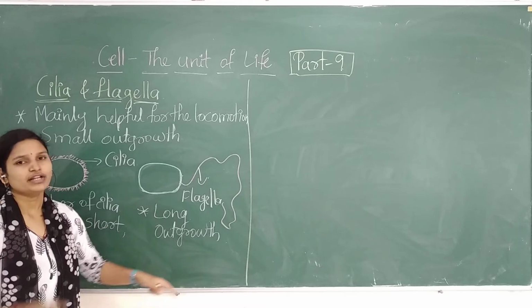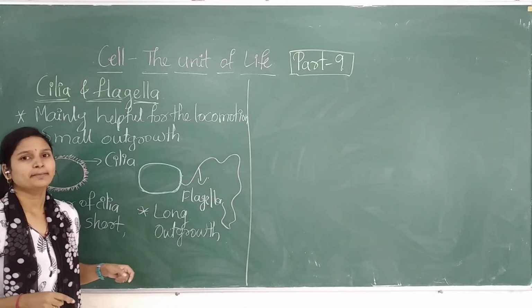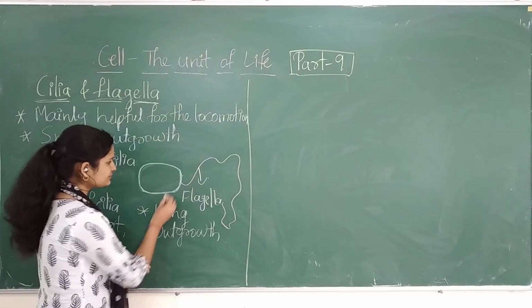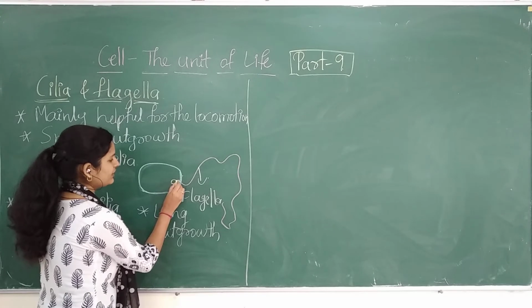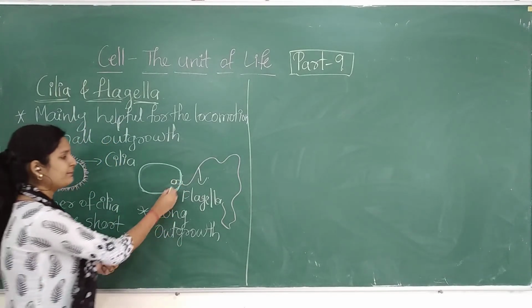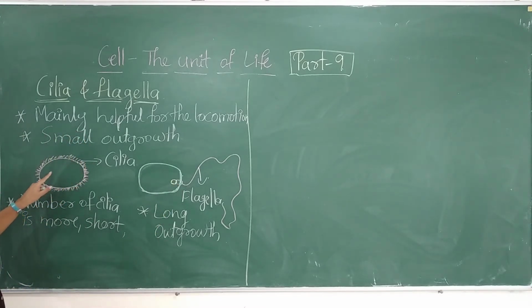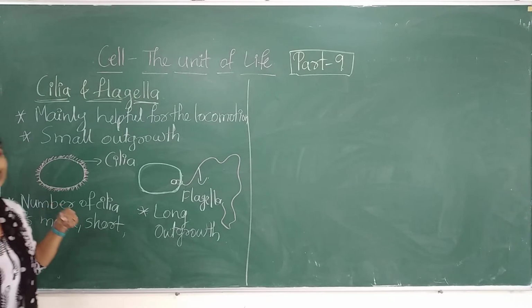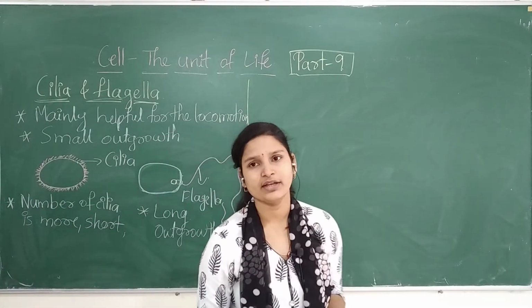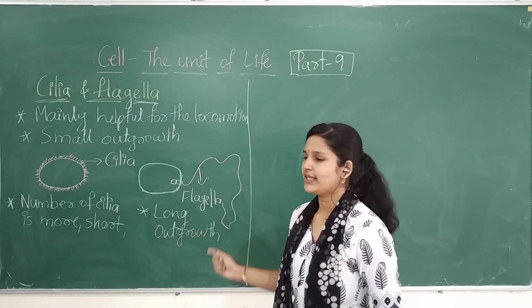It will be one long outgrowth, originating from the basal body. Here the basal body will be there, here the hook will be there. Remember that also. In case of cilia, they are small outgrowths from the plasma membrane. So this is the main difference between cilia and flagella.